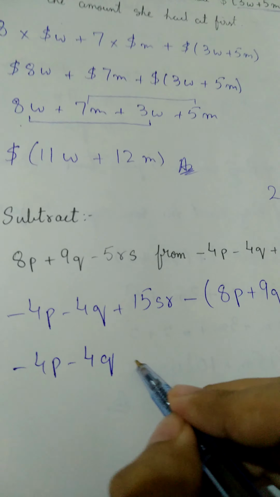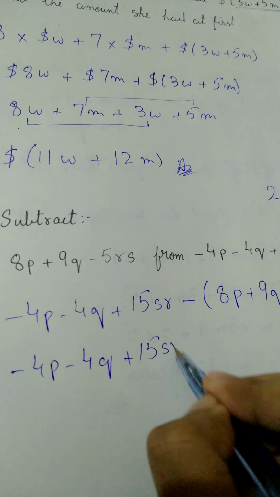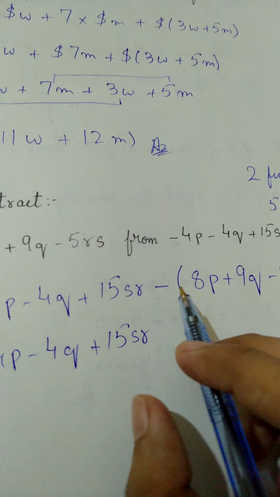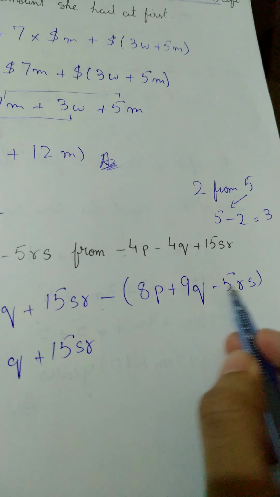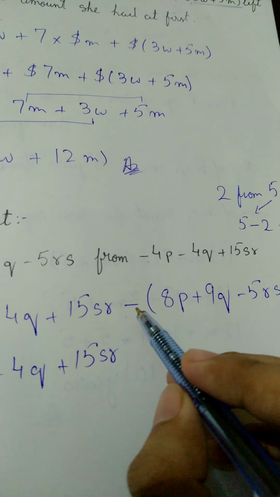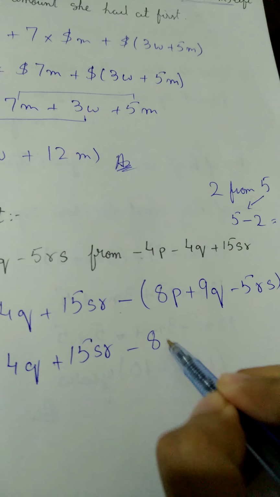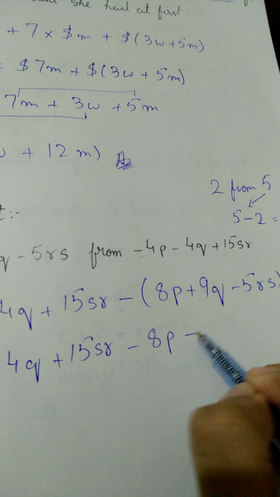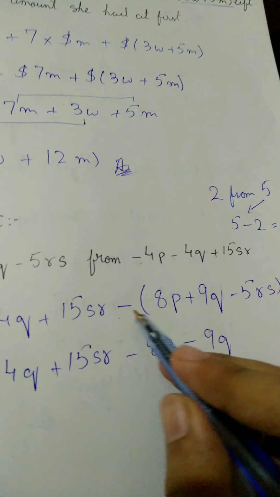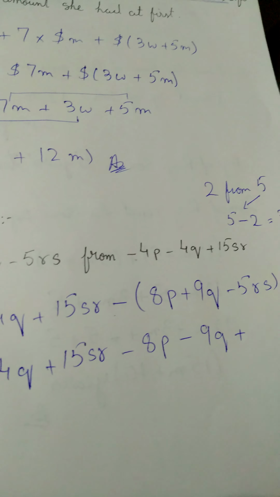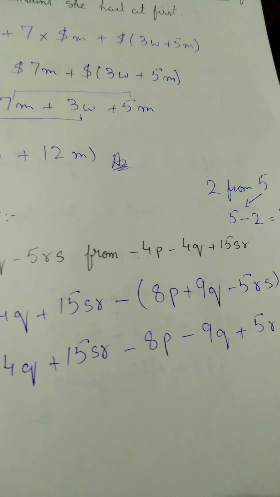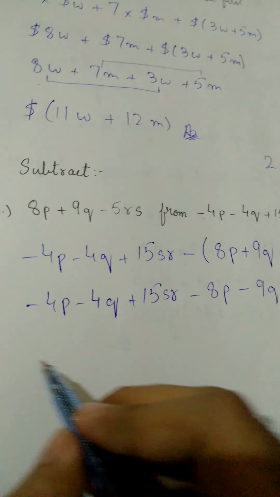We just have to open the bracket, and the value will be simplified. So we are just multiplying this minus sign with all the values in the bracket. So minus plus minus 8p, minus plus minus again 9q, and then minus minus plus 5rs. Now we just have to rearrange the values.